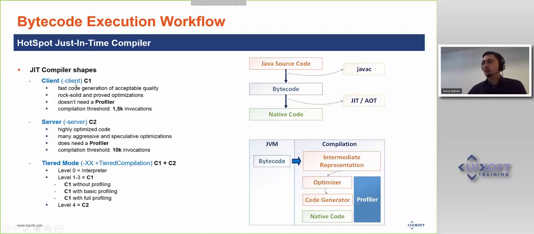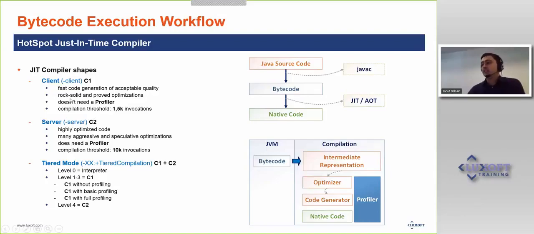The client compiler is the simplest way of compiling things during the runtime in the HotSpot. Why? Because we get fast code generation of acceptable quality, which means that once I start the JVM, I might have better chances to get native code sooner than if I start the HotSpot in server mode.